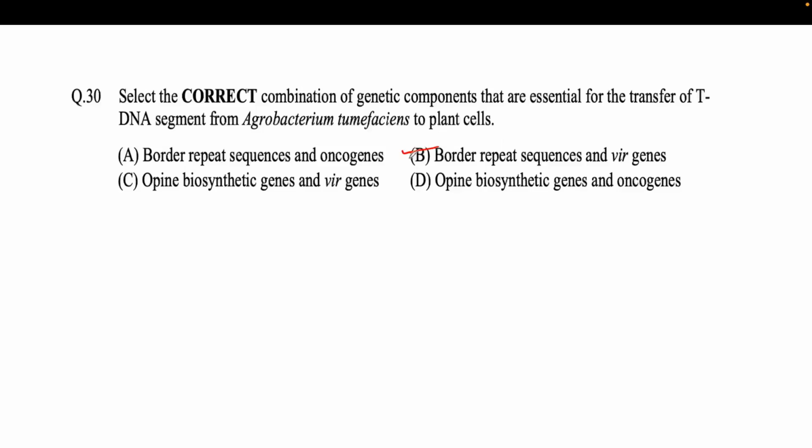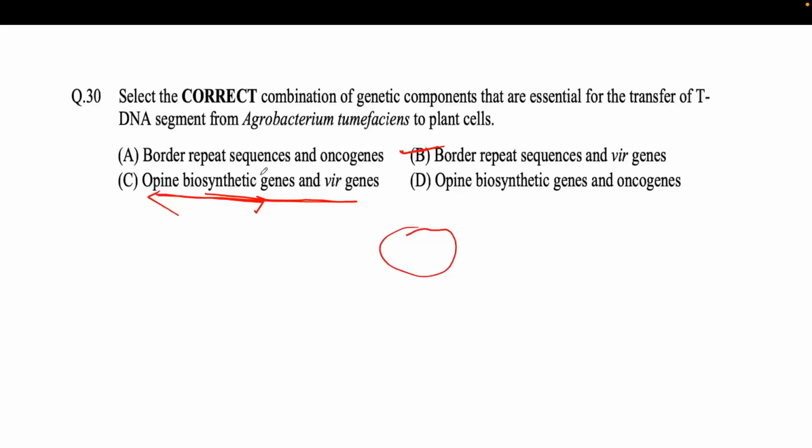So the correct option of this question will be option B, not option C. Because opine biosynthetic gene is your target gene, right. Means when we are using this plasmid in our cloning system, then we will replace this opine biosynthetic gene with our target gene.